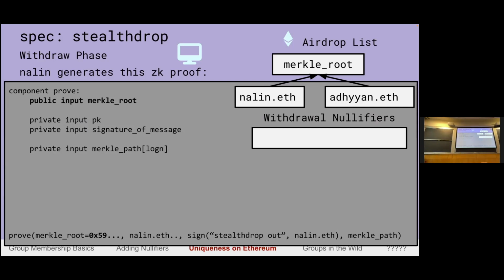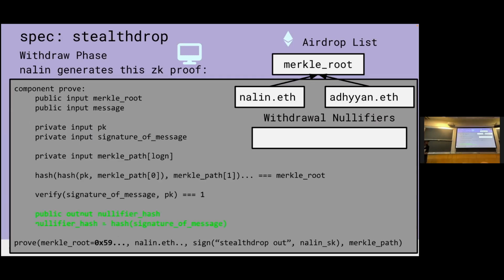The inputs look very similar to what we've seen before. We have our Merkle root. We have our public key, which we don't want to reveal. We have the signature, which we also don't want to reveal, because if someone has a signature, they can figure out which public key signed it. And they have the Merkle path, which, again, we want to keep secret.